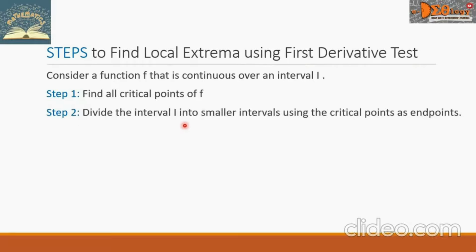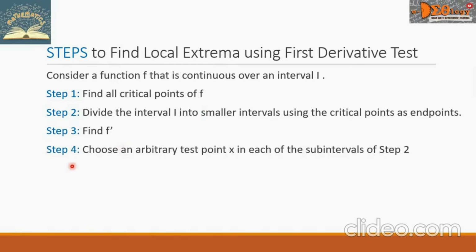Divide the interval I into smaller intervals, using the critical points as endpoints. Step 3. Find f prime, or the derivative of the function. Step 4. Choose an arbitrary test point x in each of the sub-intervals of step 2, and evaluate f prime on those test points.